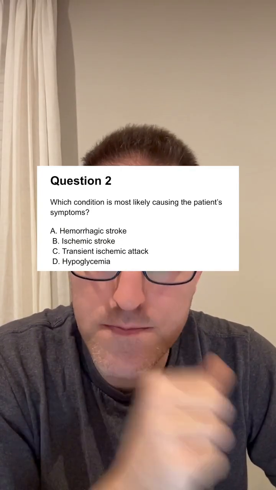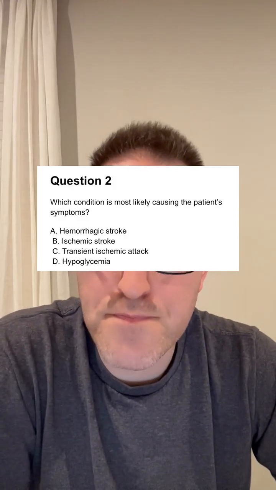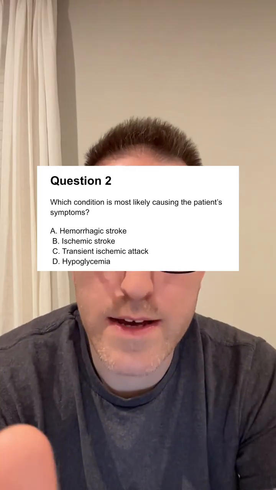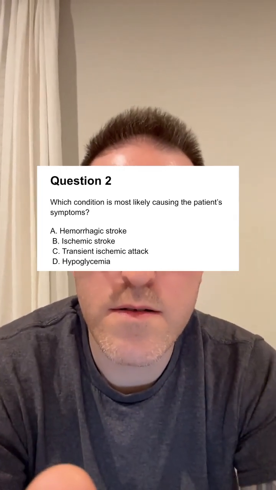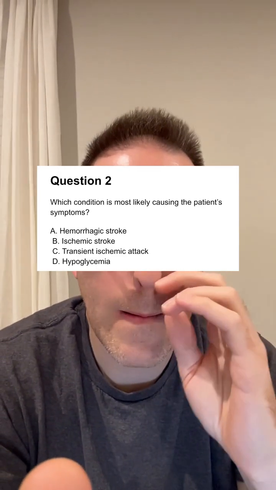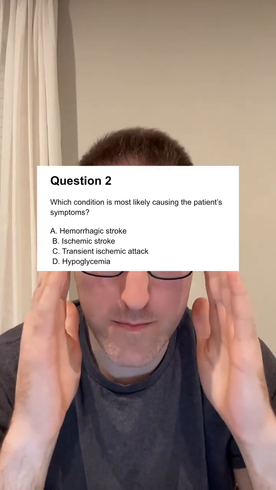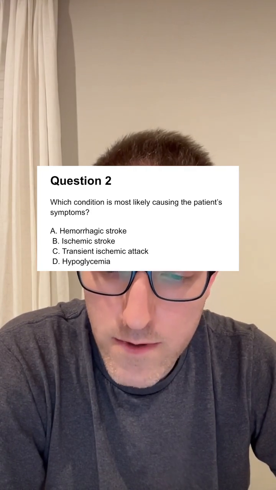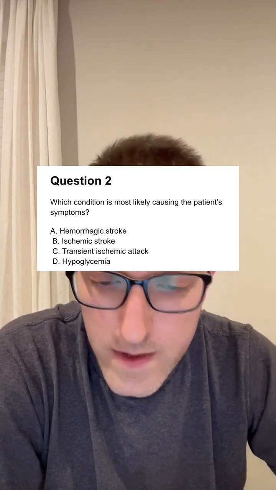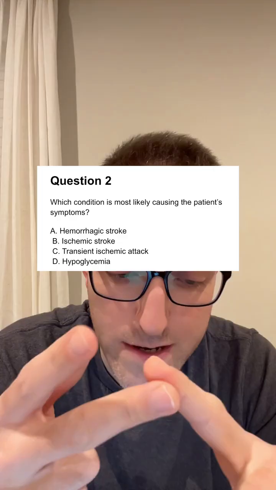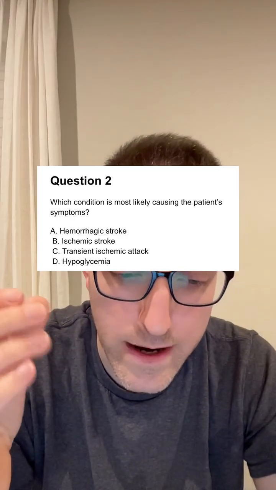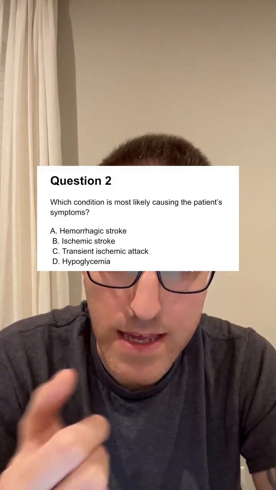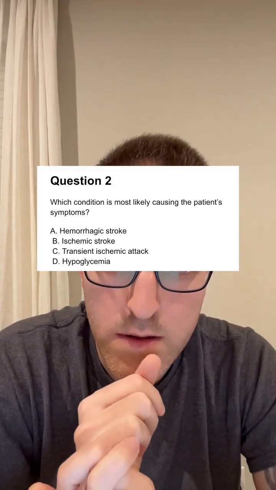You guys are jumping all over this one. Of course, it's B, right? So if the glucose is normal and the deficits are still there, stop blaming sugar. Risk factors plus persistent deficits is an ischemic stroke.